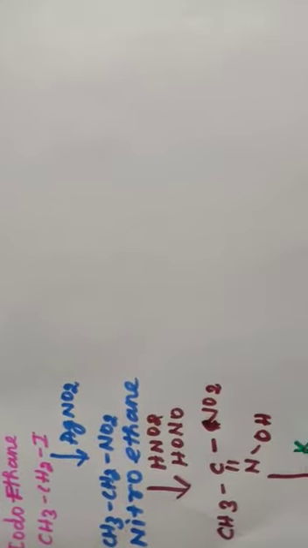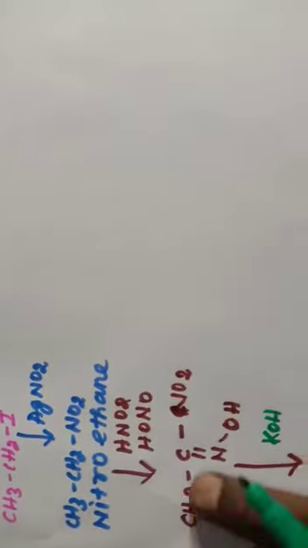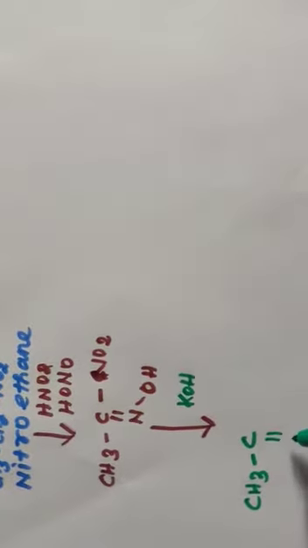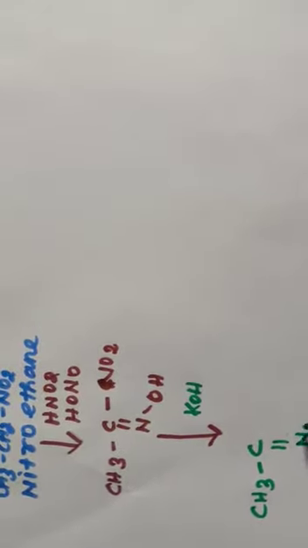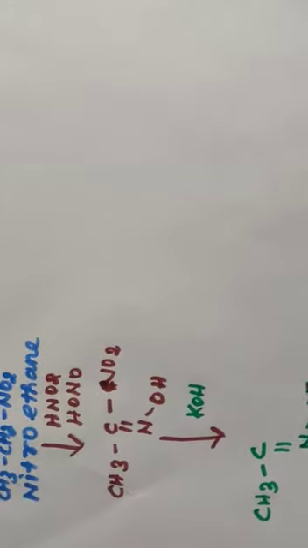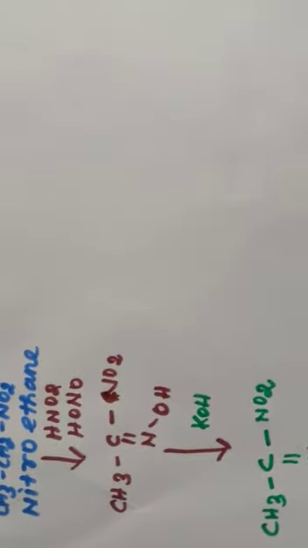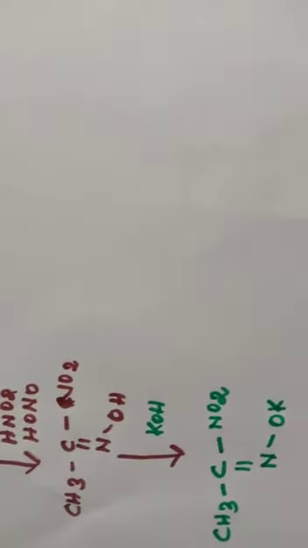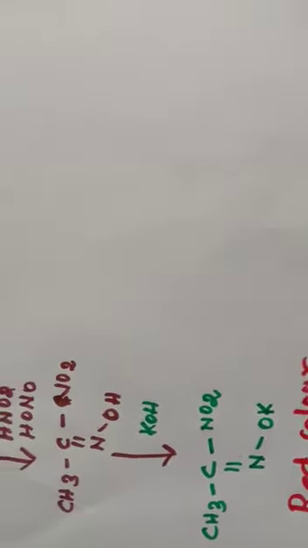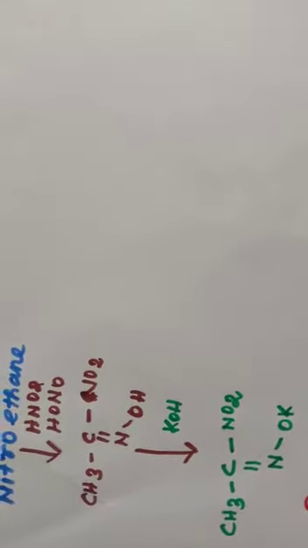Now this solution is made alkaline with KOH and we will be getting CH3C=NOK with NO2. Now the color observed here is red color. So this belongs to primary alcohol.